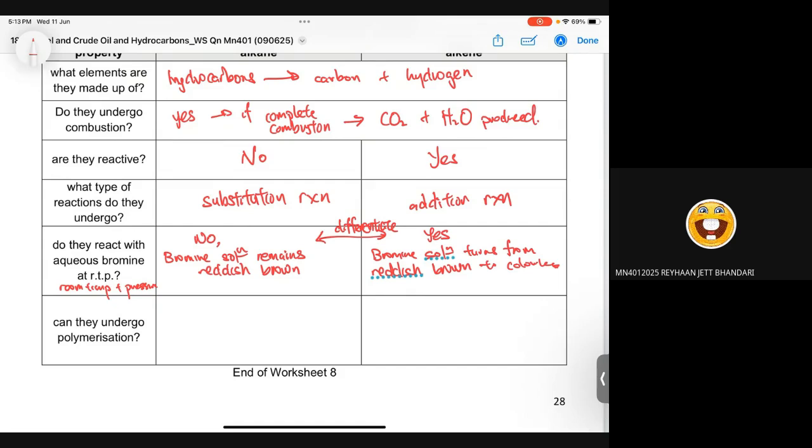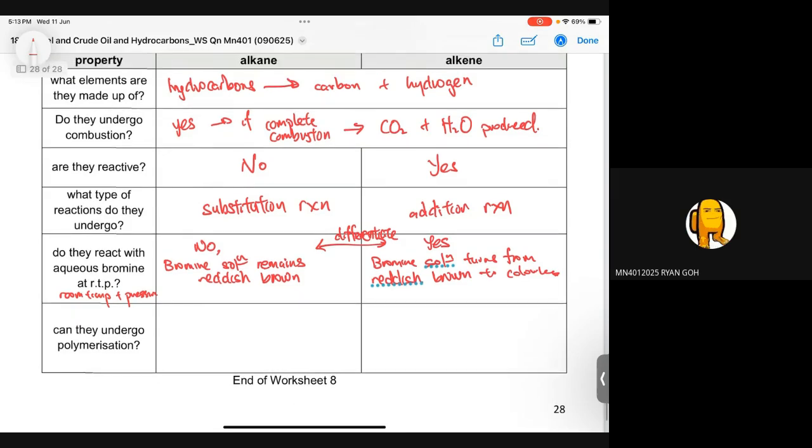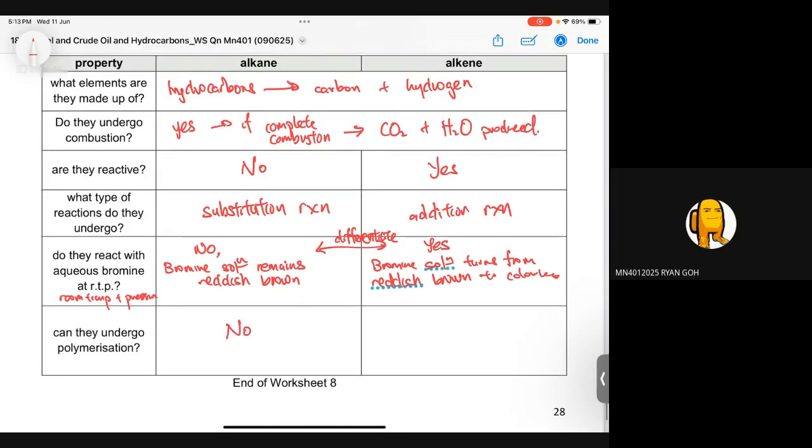Ryan. Alkanes don't undergo polymerization. Alkene is? Alkene, yes. Okay, so I need you to put here, don't just put yes. Put yes here and then put addition polymerization.